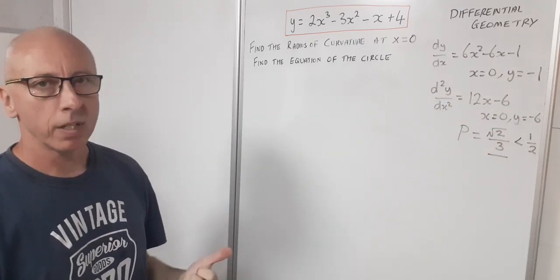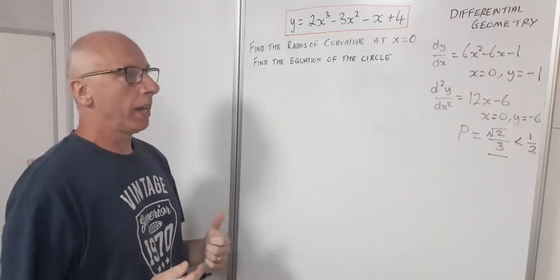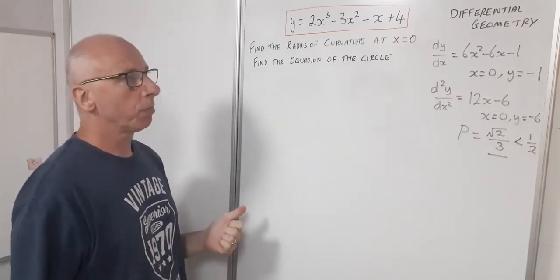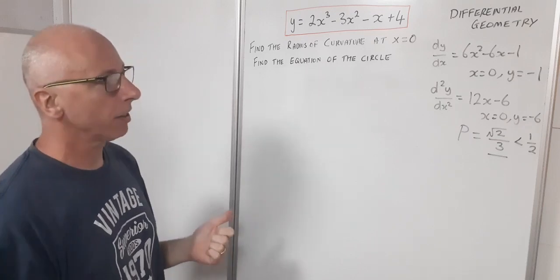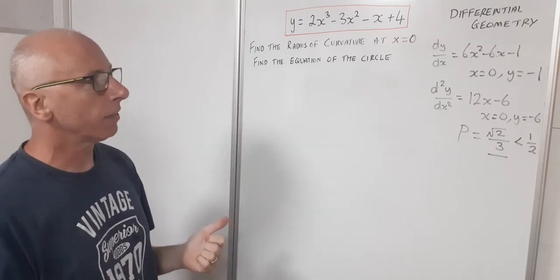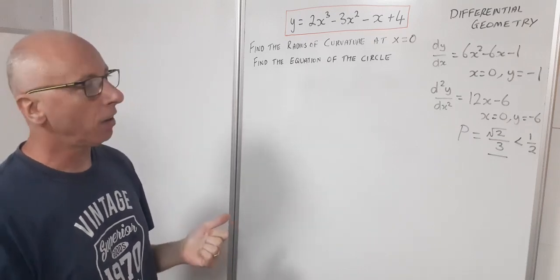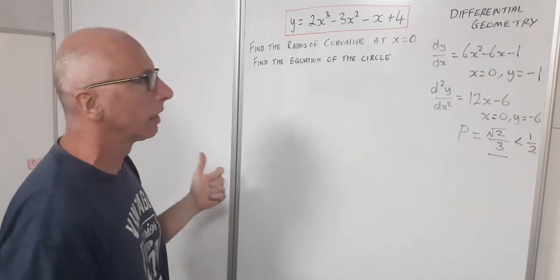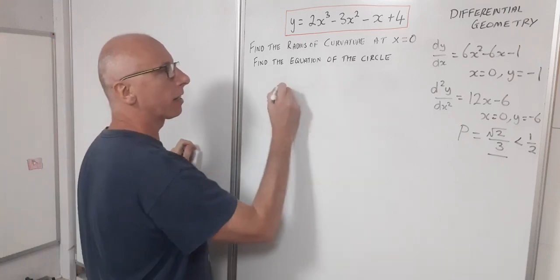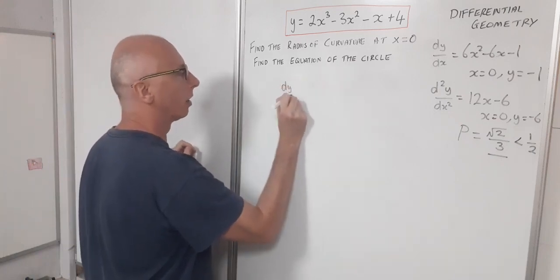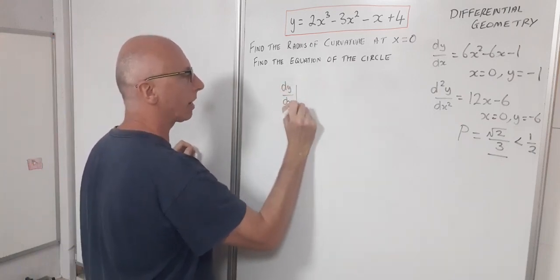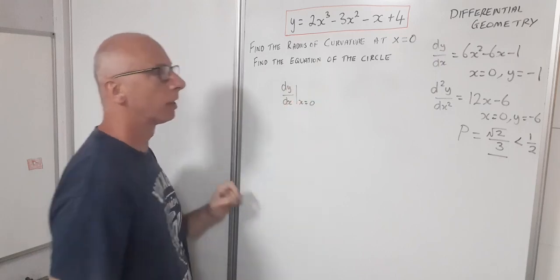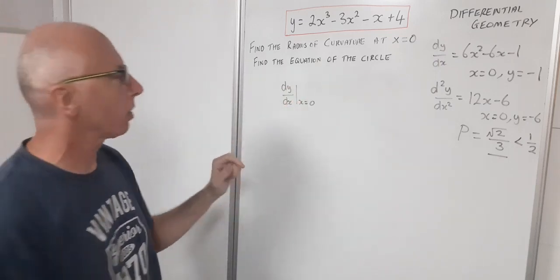So if we know where the tangent is and we know the slope, if we find the normal of that slope, that will then give us the direction of our radius. So let's look at that. dy dx at x equals 0 equals -1.